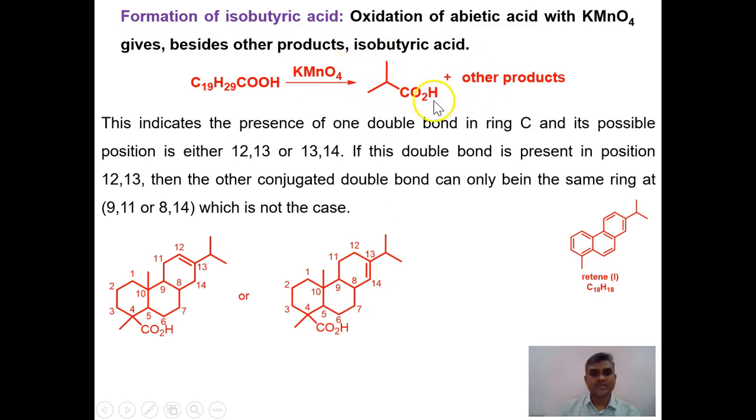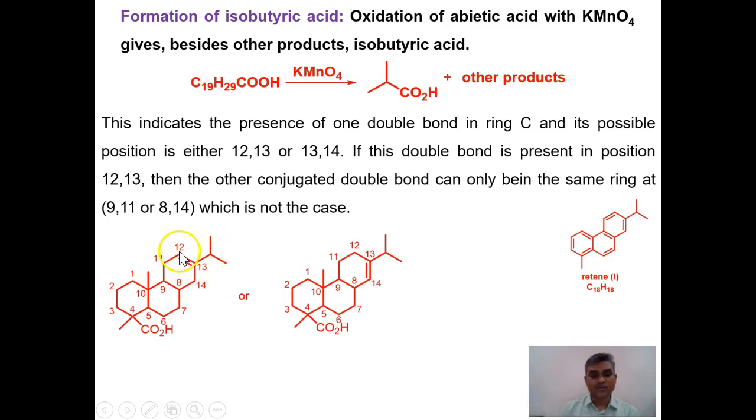Now, this is a turning point of the investigation as far as the structure of abietic acid is concerned. When abietic acid is subjected to KMnO4 oxidation, several products are formed, and among them isobutyric acid is also formed. We have already proved the structure of the retene molecule, and in that case the position of the isopropyl group is fixed. So in this phenanthrene skeleton, the double bond must be attached to the isopropyl group.